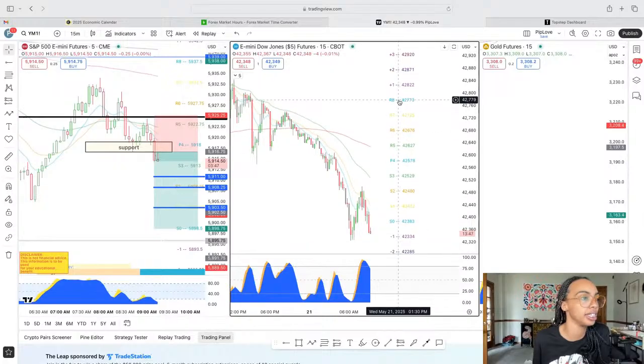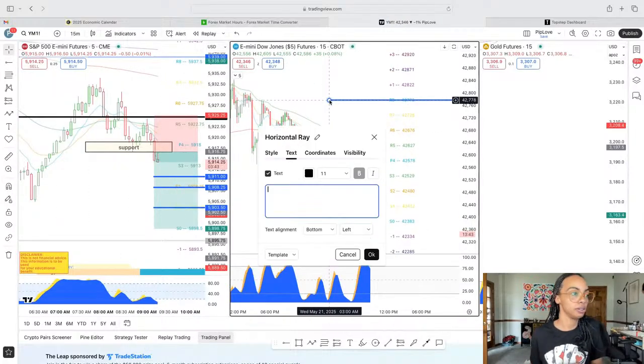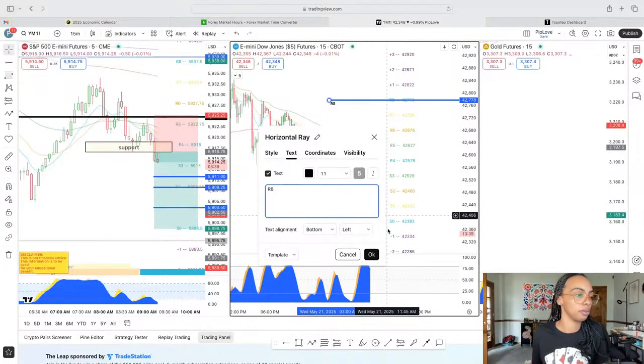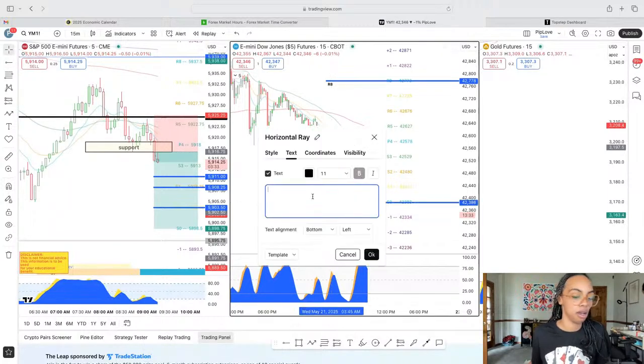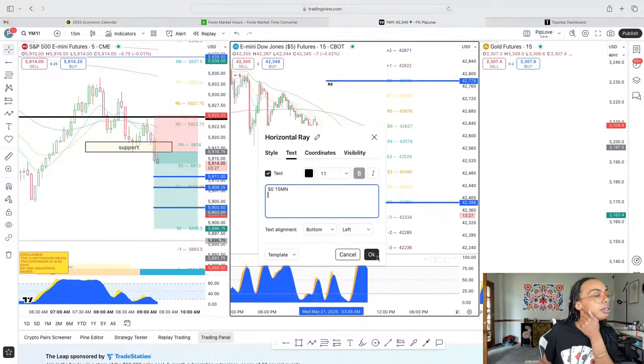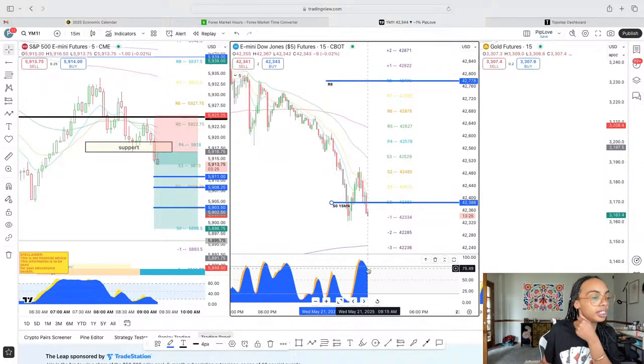So the R8 is up here for YM. All right, into the thing again. And then our S0 is right down here. But look at our RSI.